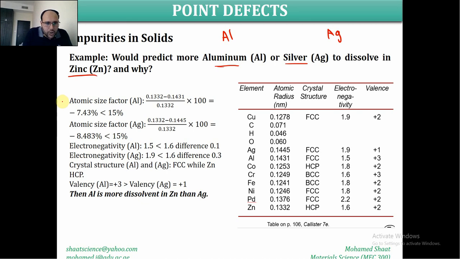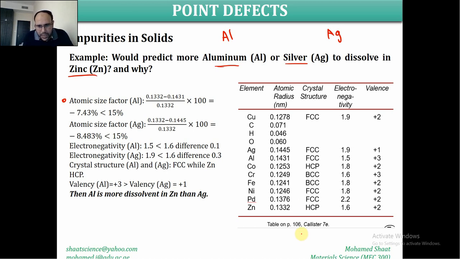The first condition is the atomic size, the radius of every one of these atoms. So if we calculate the atomic size factor, it is going to be the difference between the atomic radius of the zinc and the atomic radius of the aluminum, and also the atomic radius of the zinc and the atomic radius of the silver.